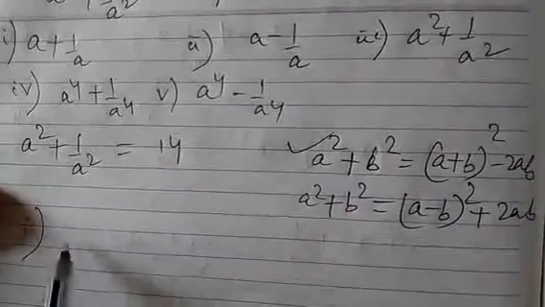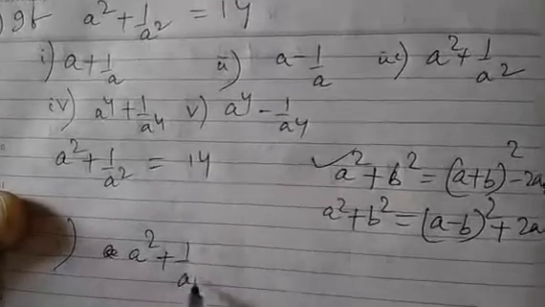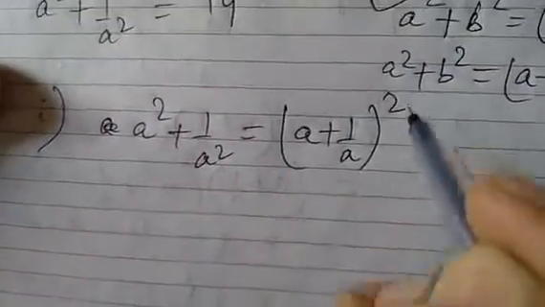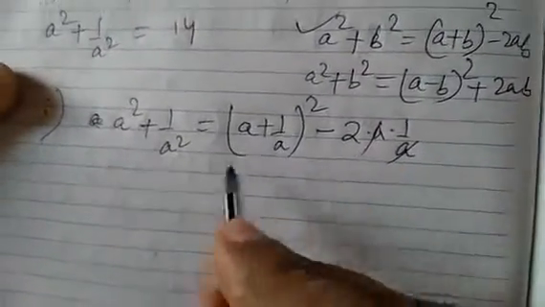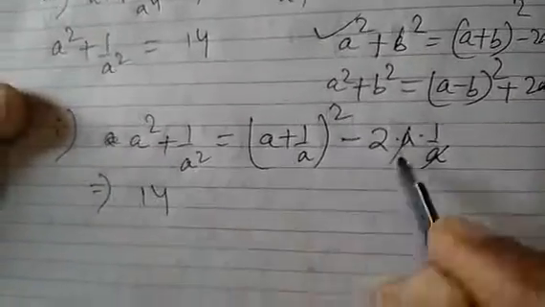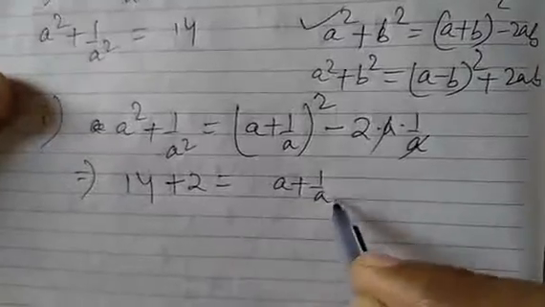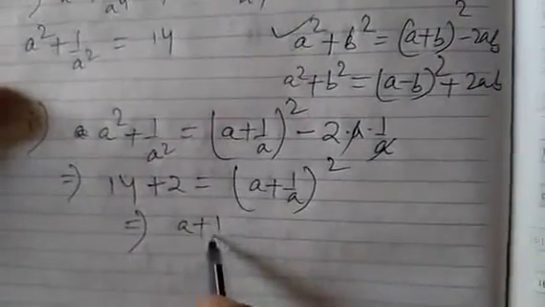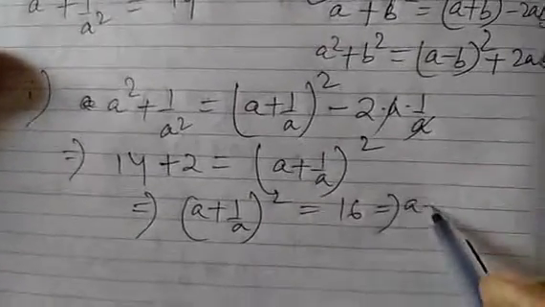Therefore a square plus 1 by a square is equal to a plus 1 by a whole square minus 2 into a into 1 by a. This cancels. This value is given as 14. Bringing this to this side, 14 plus 2 is equal to a plus 1 by a whole square, which implies a plus 1 by a whole square is equal to 16.